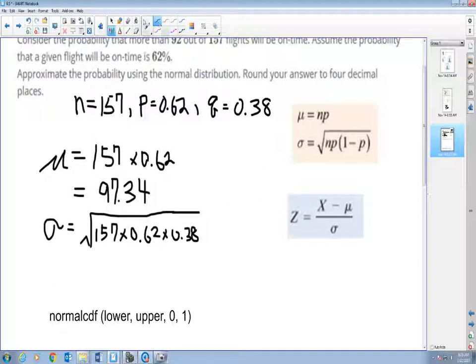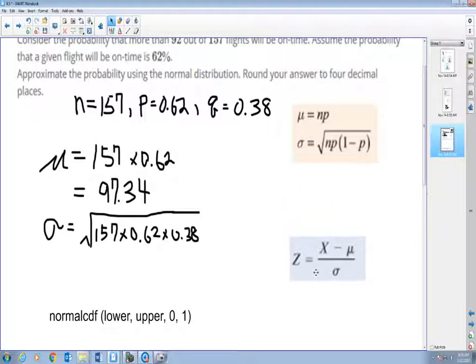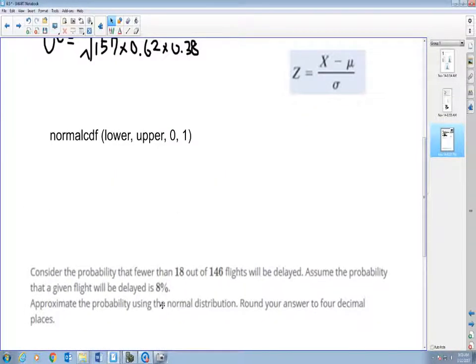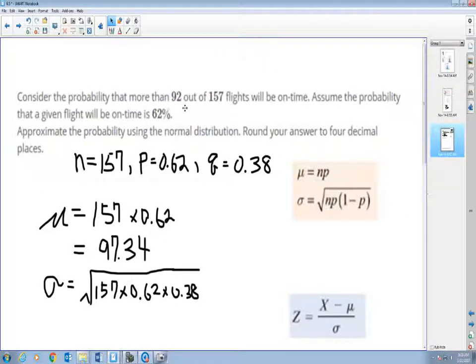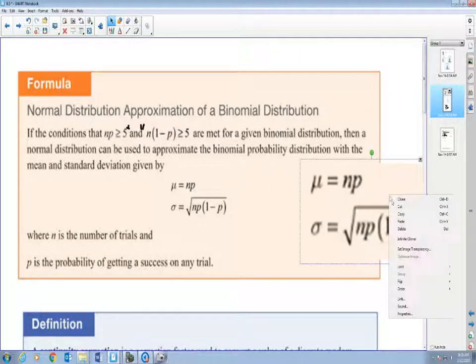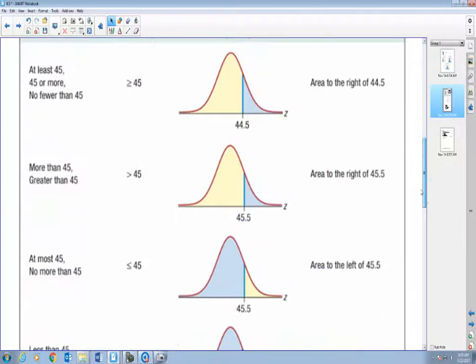So now the z-score. What is my random variable x? Well, it says more than 92 flights. So I don't want 92. Earlier, more than 45 was 45.5.